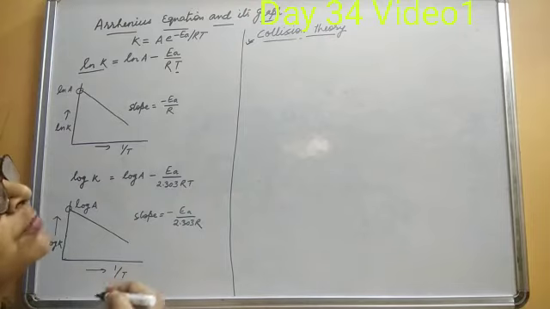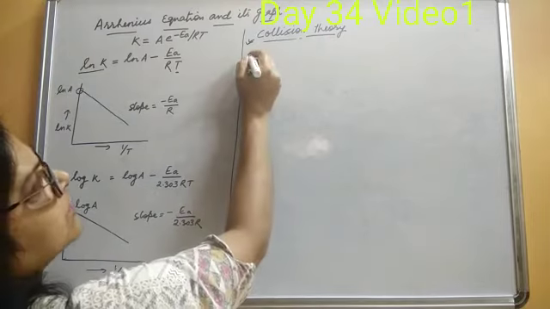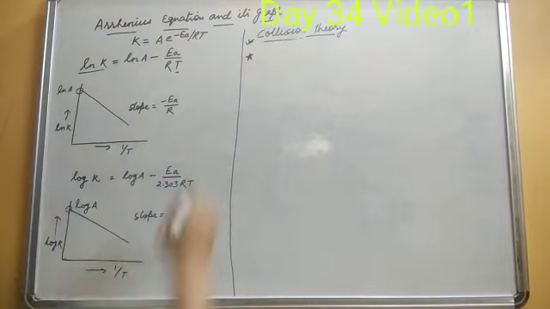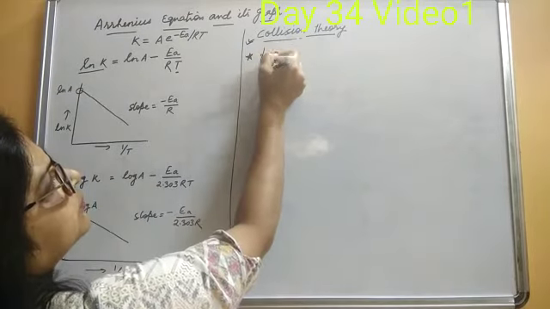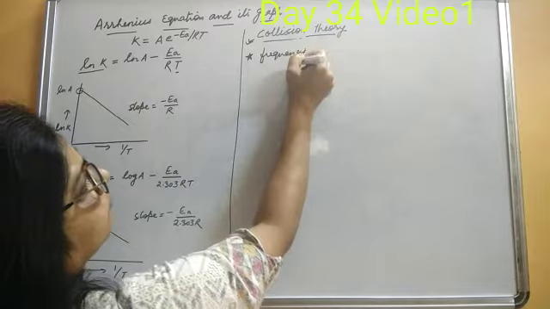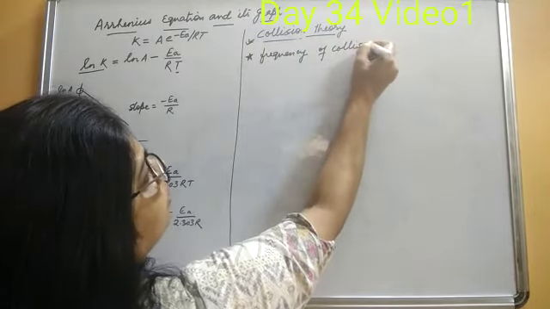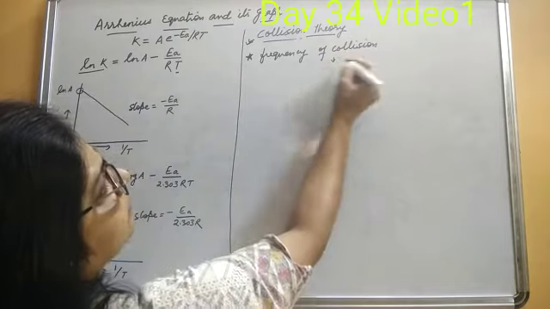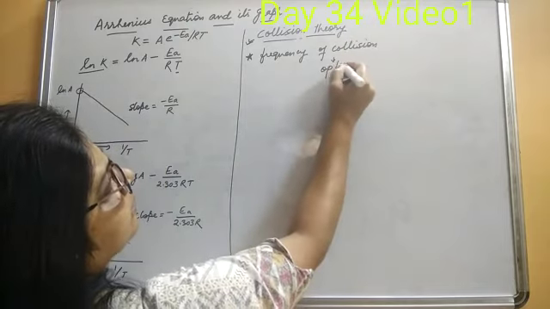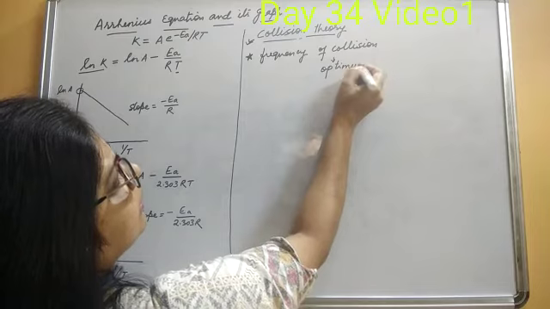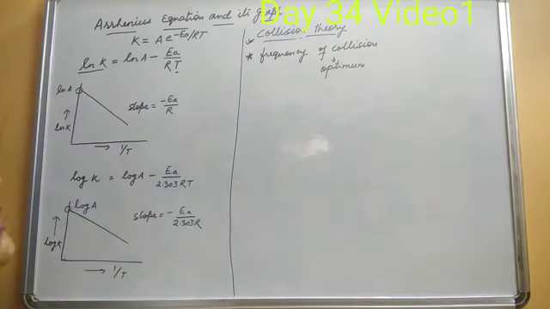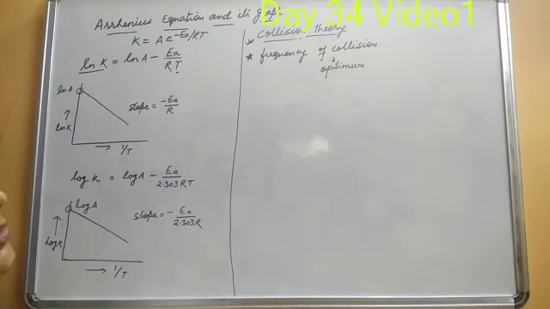So what is meant by proper collisions? First thing, the frequency of collision of reactant molecules should be optimum. If they are colliding with less frequency, they will not be able to form the product.